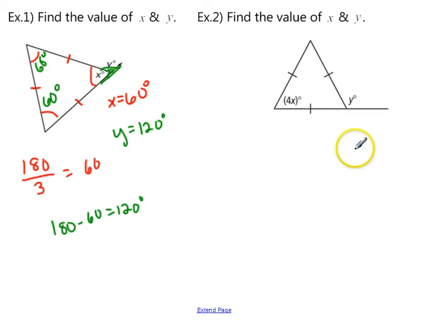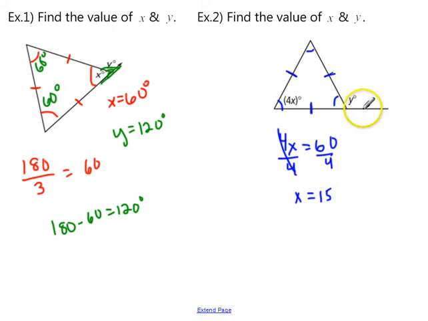In the second example, again, you can walk through the steps. Since we have an equilateral triangle, that means it is also equiangular. And if you remember that each angle is equal to 60 degrees, then you know that this angle marked 4x is equal to 60 degrees. So we can just divide by 4, and then we'll get x is equal to 15.